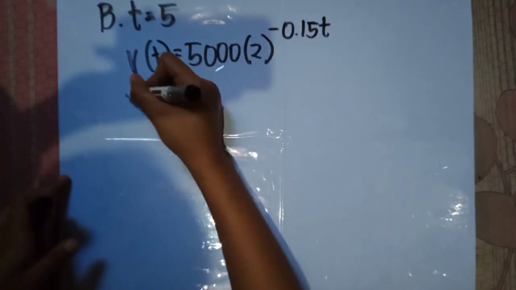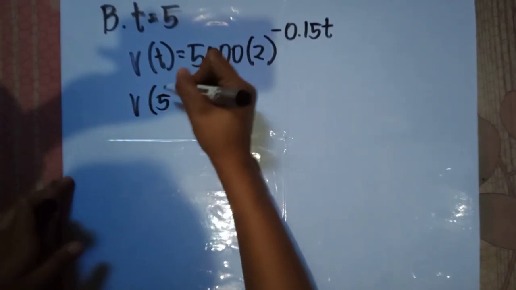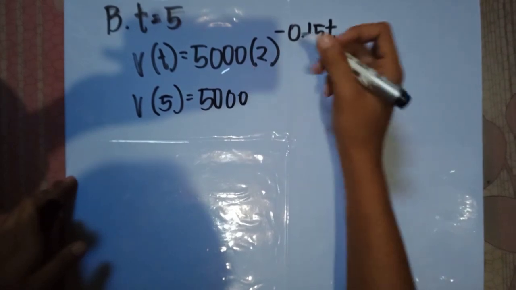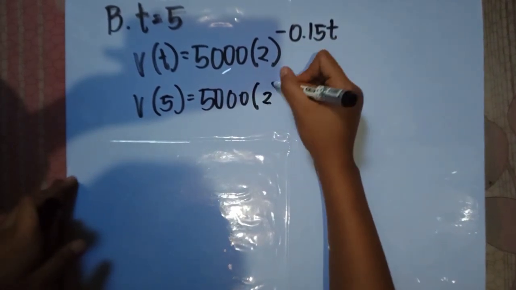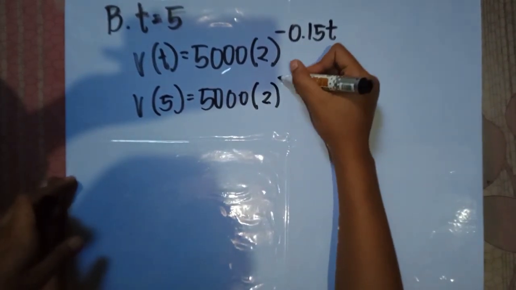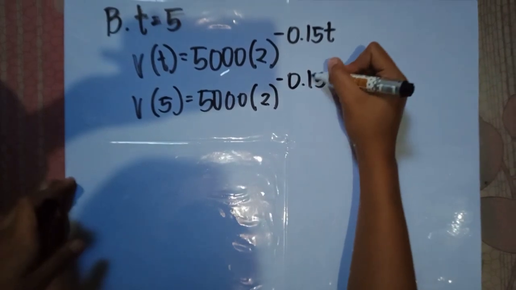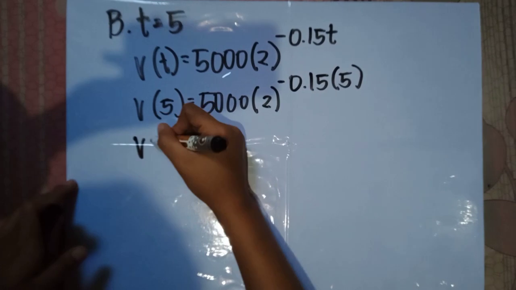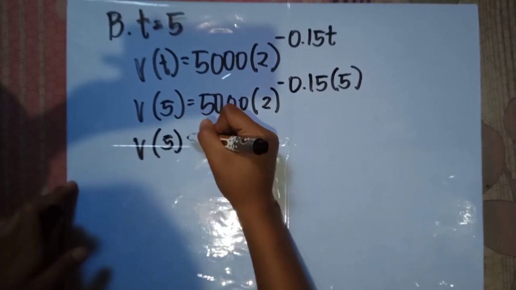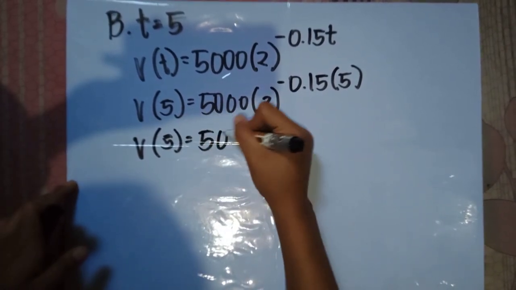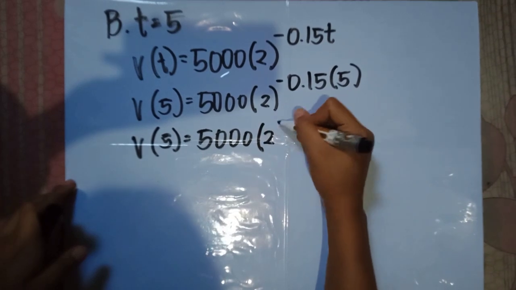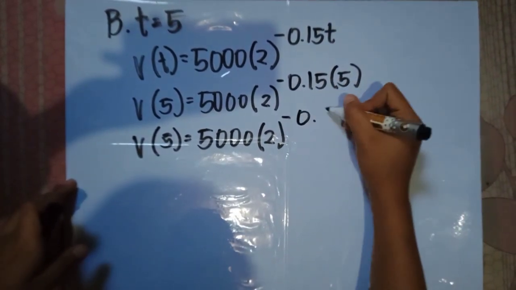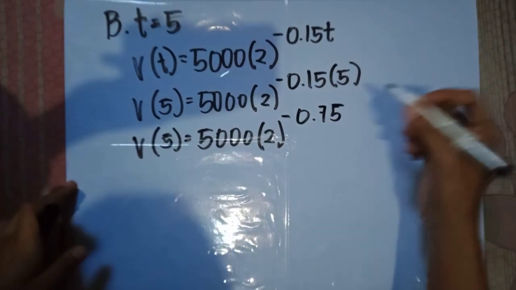The equation becomes v of 5 is equals to 5,000 times 2 raised to the power of negative 0.15 times 5. V of 5 is equals to 5,000 times 2. Negative 0.15 times 5 is negative 0.75.